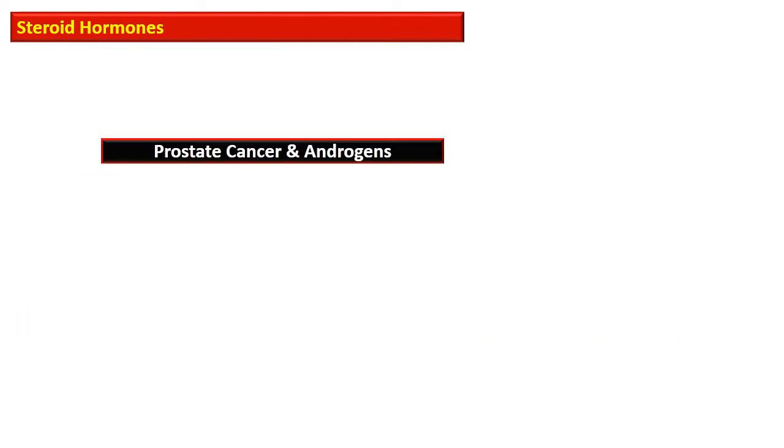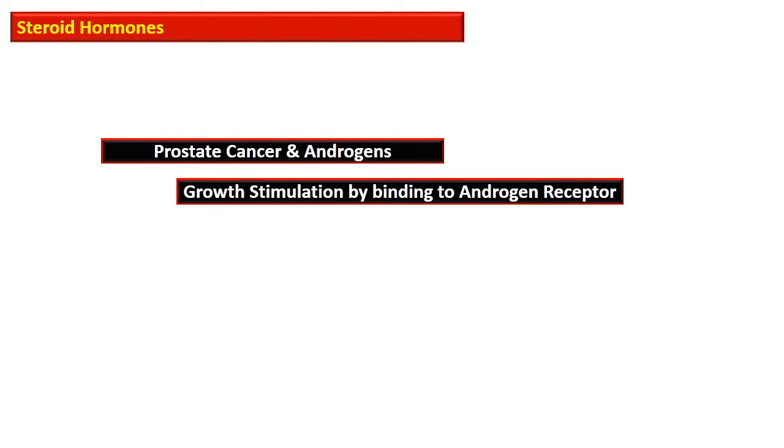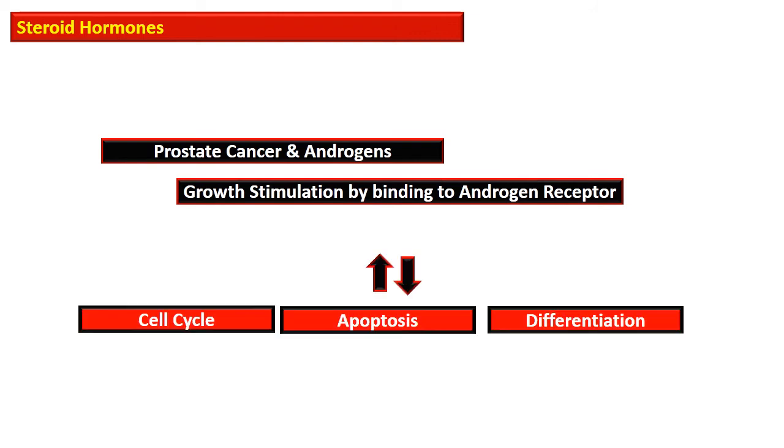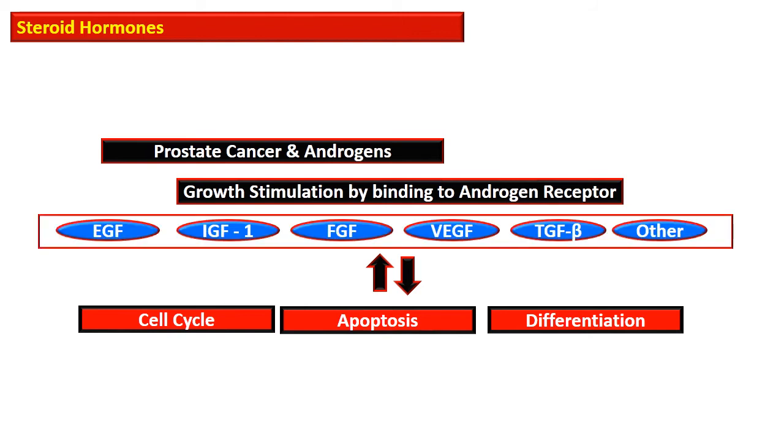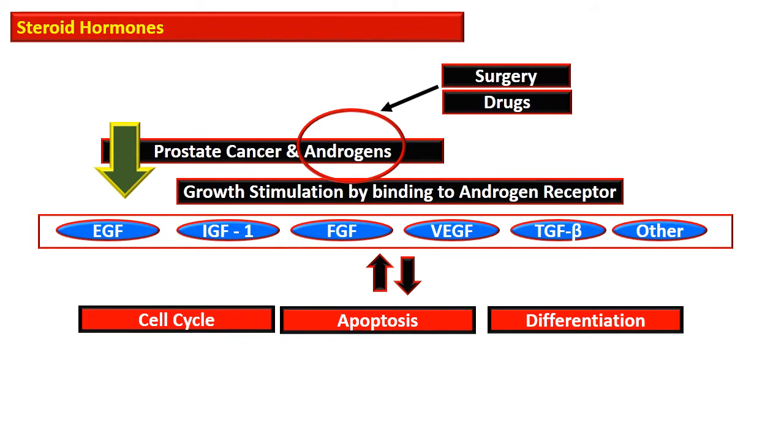The effect of androgen in the case of prostate cancer is very well studied, and the prostate cancer growth is stimulated by binding to androgen receptor, and this pathway involves or interacts with many other cellular pathways such as cell cycle pathway, apoptosis pathway and differentiation pathway through various cytokines such as epidermal growth factor, insulin-like growth factor 1, fibroblast growth factor, vascular endothelial growth factor, transforming growth factor beta, and many others.